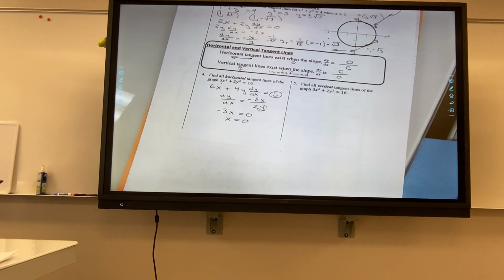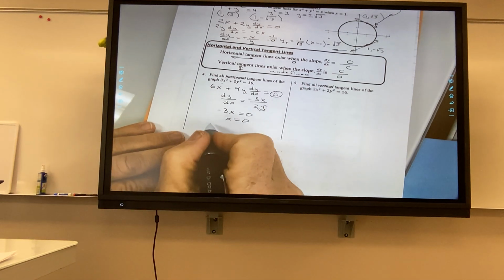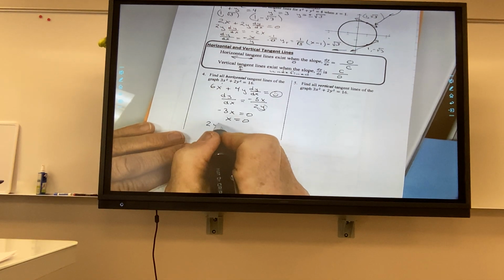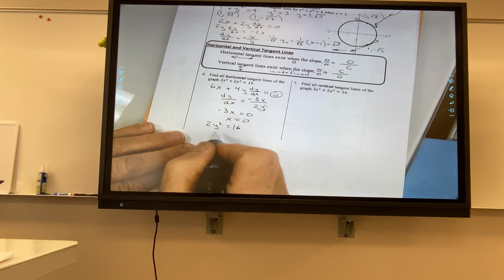So find all the horizontal tangent lines. Now, how am I going to do that? Well, horizontal tangent lines go like this, correct? They want to know the equation for that. All lines that go like this are what? What's a constant? Y is a constant, correct? So what I'm going to do is I'm going to get 2y squared equals 16.